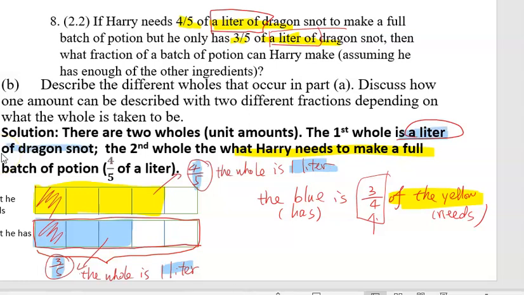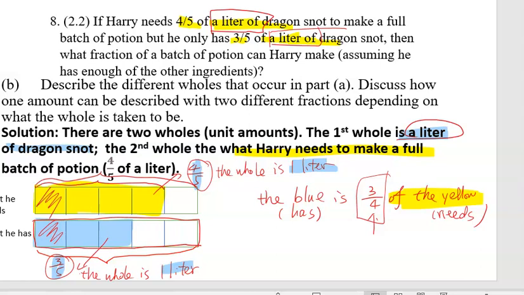But for the second whole, it's not the entire paper strip, it's the yellow part, which is 4/5 of a liter. So again, this is the first whole, 1 liter, the entire paper strip. But for the answer 3/4, the whole is only the yellow part.